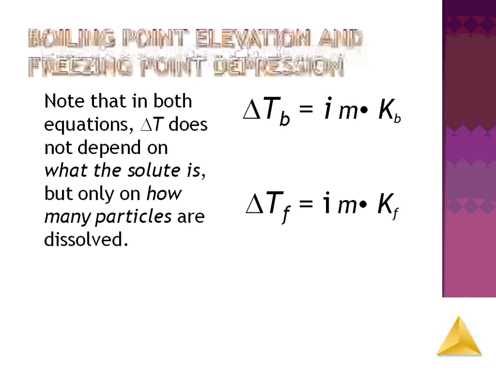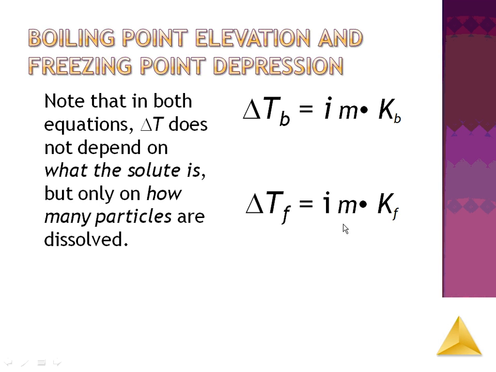Okay, so not only does delta T depend upon how much molality and what the substance, the solvent, is for those Ks, but it also depends upon the impurity itself and how many particles dissociate when that impurity is in there.